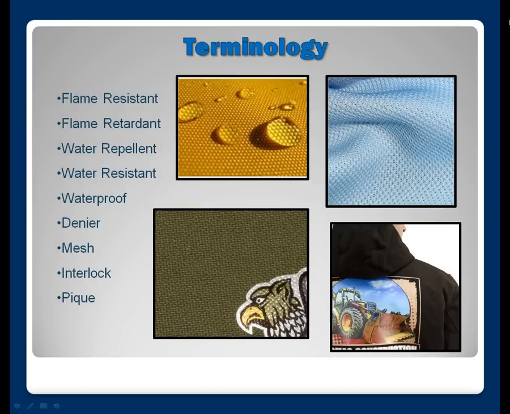And the last thing we're going to talk about is just a little bit of fabric terminology before we get into care instructions. So there's flame resistant and flame retardant. And these are important things to know about because, again, you're dealing with different chemical agents or finishes that may interfere with the decorating method you're using. So it'll help you choose the right screen printing inks, the right transfers or transfer papers, and the right heat transfer materials.